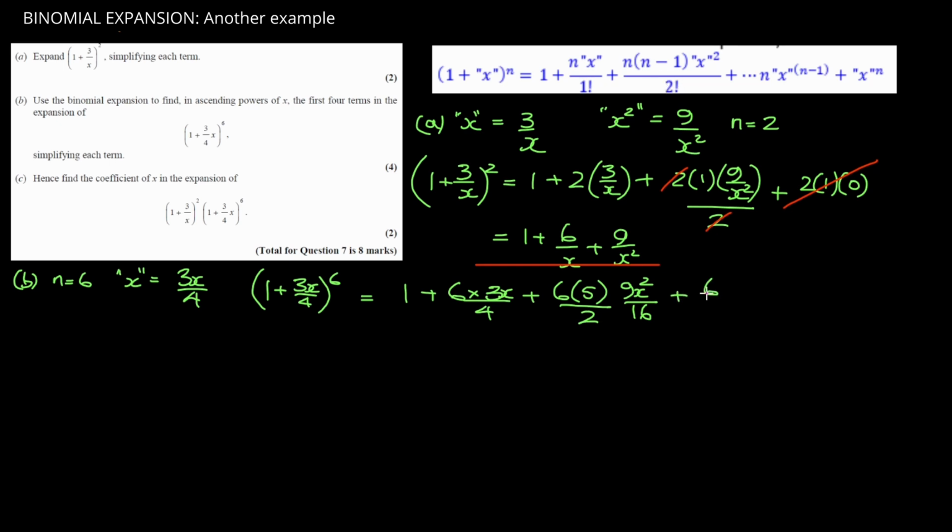Okay, 6 times 5 times 4. That's your n, n minus 1, n minus 2. And now this term cubed, which is 27x cubed over 4 times 4 times 4.